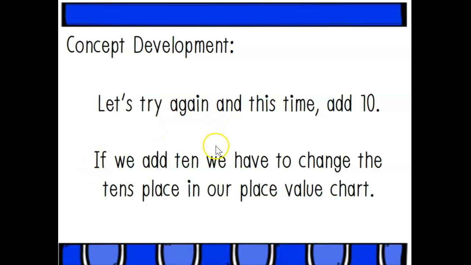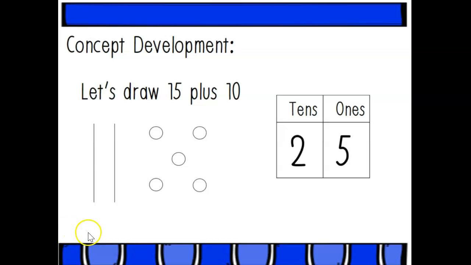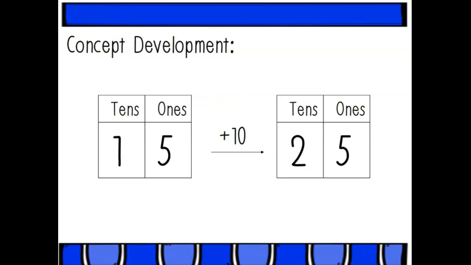Let's try again, and this time add 10. If we add 10, we have to change the tens place in our place value chart. So here we're changing the tens place, 10, 20, 21, 22, 23, 24, 25. So we have 1 10, 5 ones plus 10.